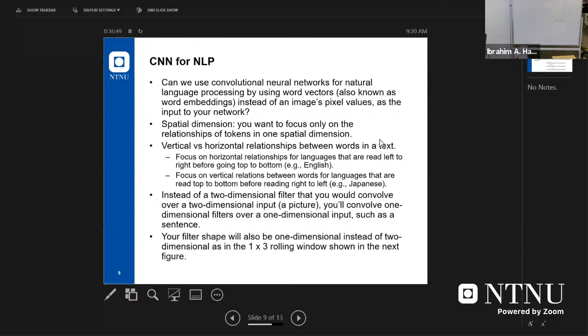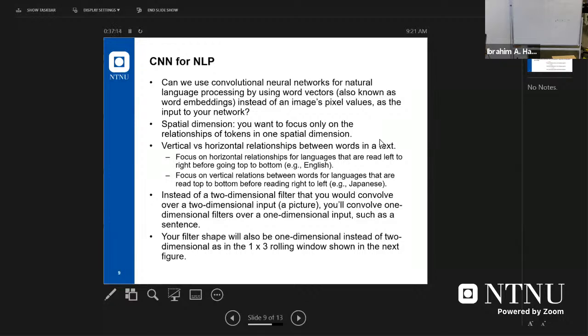Yes. So instead of a two-dimensional filter, I mean, we have been using a two-dimensional filter, right? That you would convolve over a two-dimensional input, if it is an image, for example. You will convolve a one-dimensional filter over a one-dimensional input, such as a sentence, because a sentence is just a vector. If it is one hot encoded, for example, it's one dimensional.